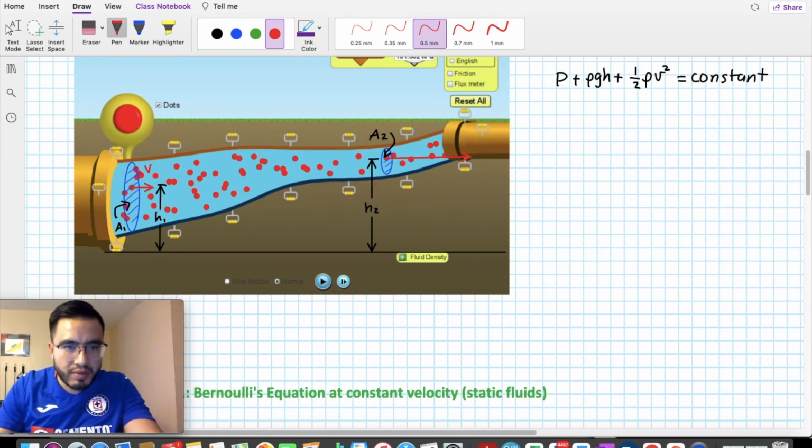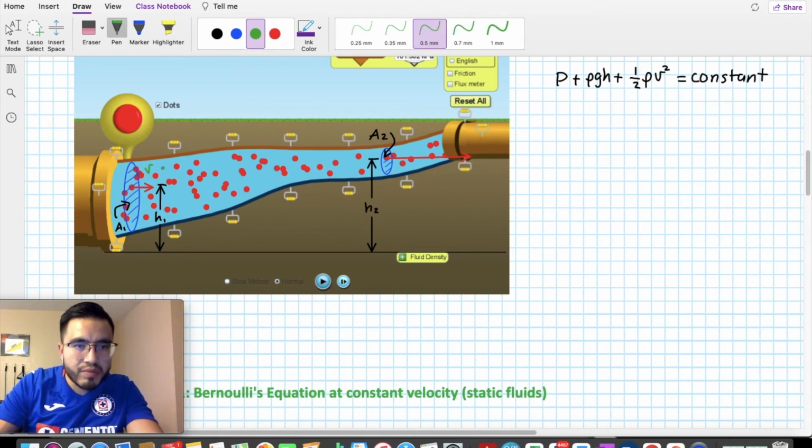Let me change the color, so we have a bit more contrast. Let's go for green. No, it's even worse. Black. Velocity 1. And this over here is velocity 2.